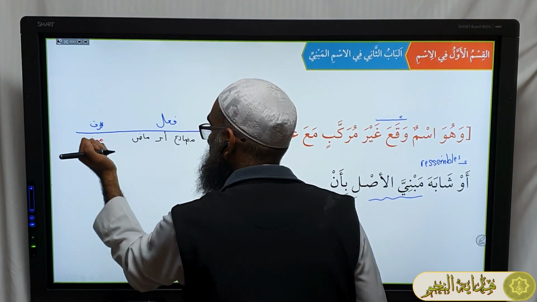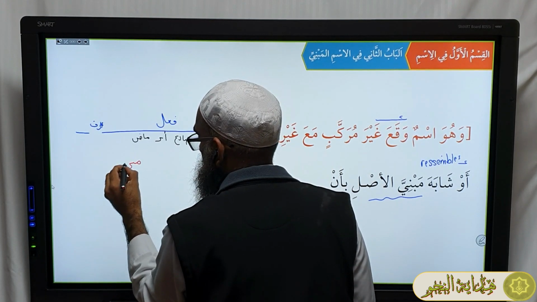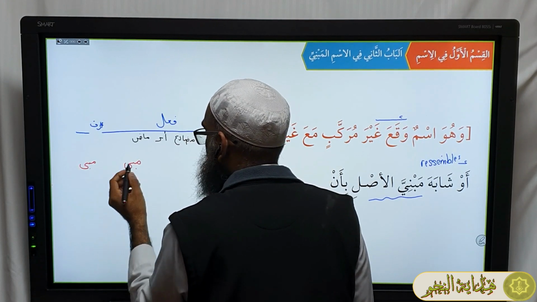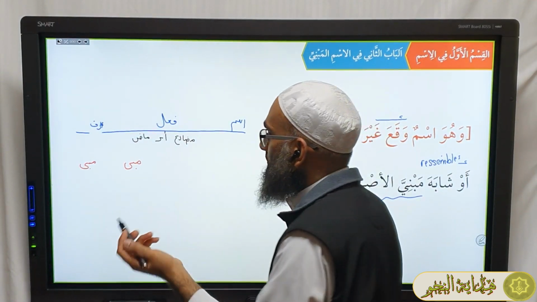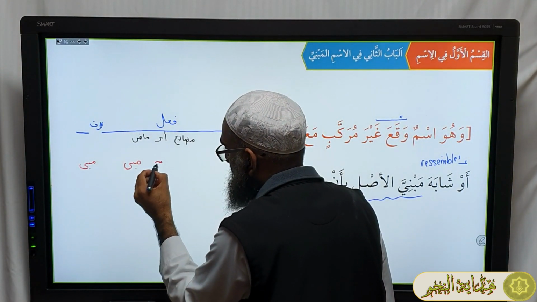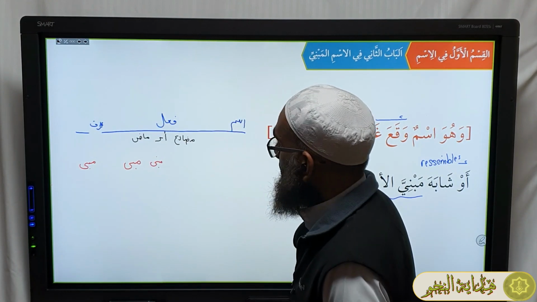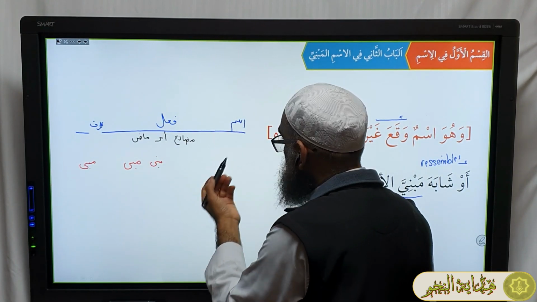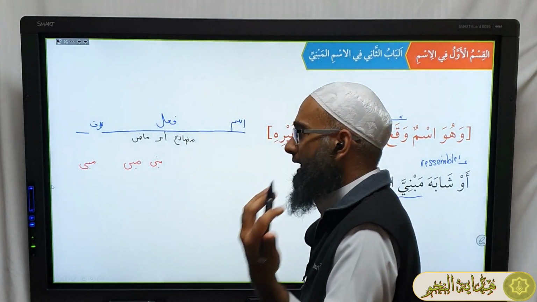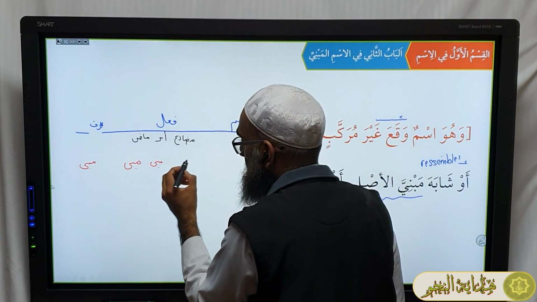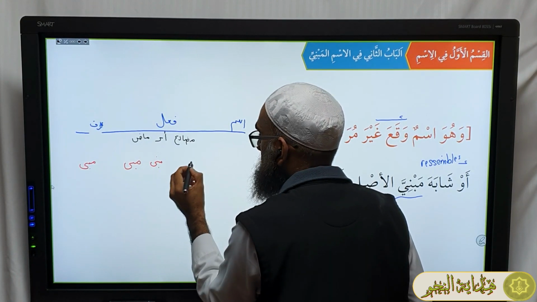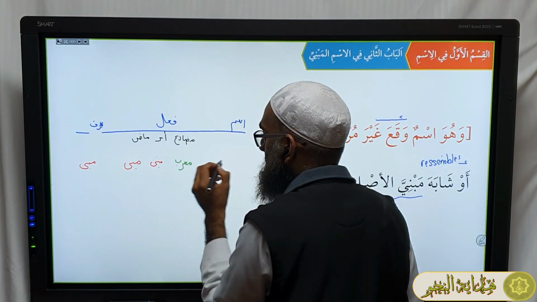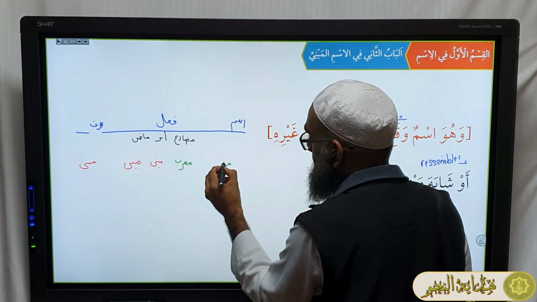This is also going to be mabni. The amr, the Ahlul Basra say mabni, Ahlul Kufa say majzoom, but the Ahlul Basra people follow their madhhab. So this is mabni. Mudari' resembles ism, and we will explain later on how it resembles. So this becomes mu'rab. And ism are mu'rab.